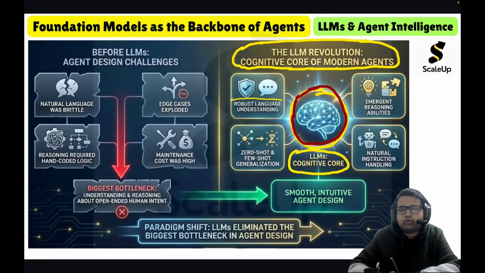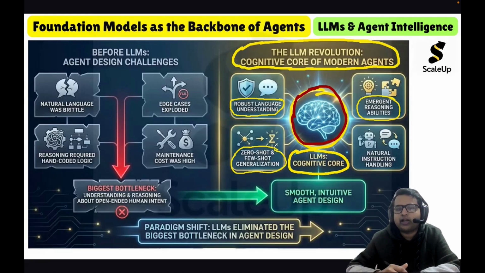So now what has happened is that because of large language models, language understanding has become very easy, robust, very adaptable, very dynamic. So robust language understanding, emergent reasoning abilities. Large language models can reason, they can make strategies, they can make plans. Zero shot and few shot generalization. So zero shot means I am giving a prompt without any context.